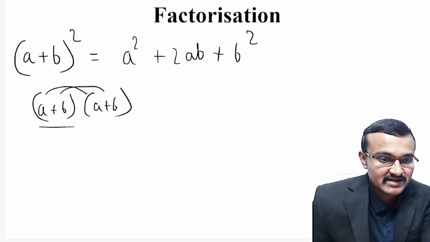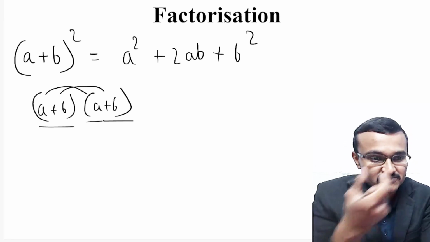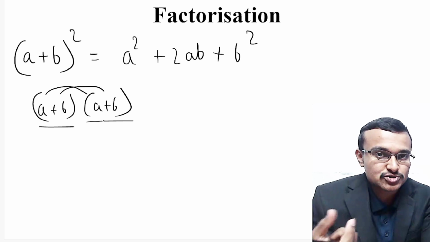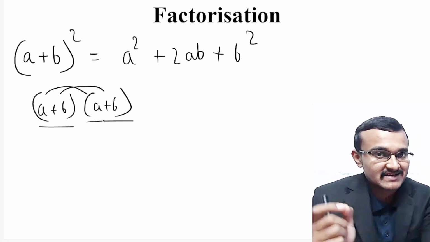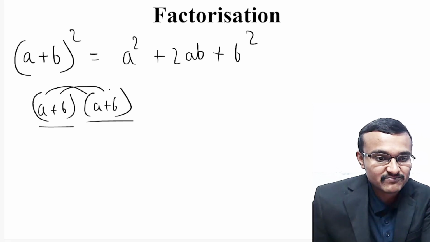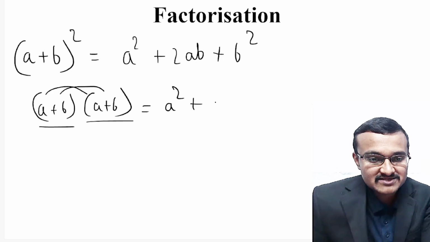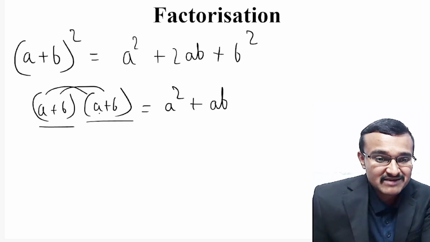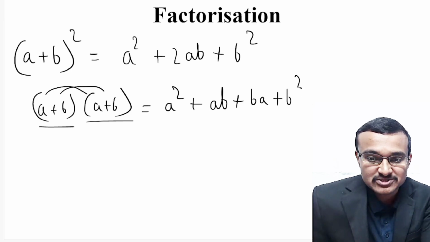So here a plus b will be one algebraic expression and another a plus b will also be another algebraic expression. So when you multiply those two, then each element of first polynomial should be multiplied with each element of the second polynomial. So here a should be multiplied with both a and b. So when you do that, you will get a square plus ab. And when you multiply b with both a plus b, then you will get b into a plus b into b, that is b square.